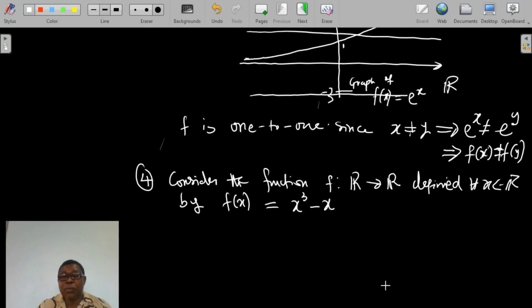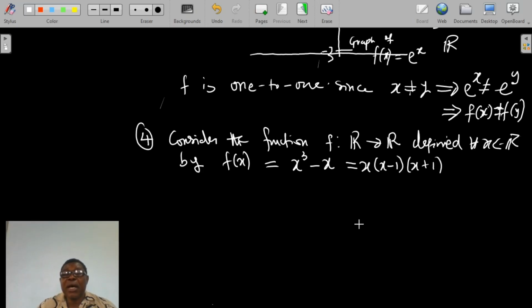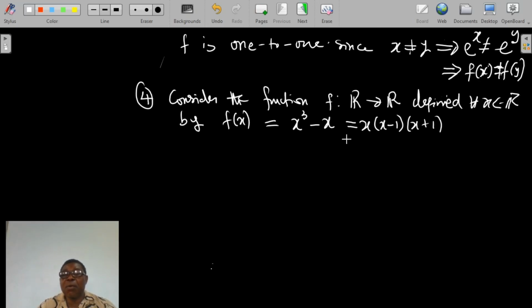Looking at this function, we observe that we can still go further to write this as x into x minus 1 into x plus 1, meaning that this function has 3 zeros: 1 is at 0, 2 is at 1, and the other one is at minus 1.